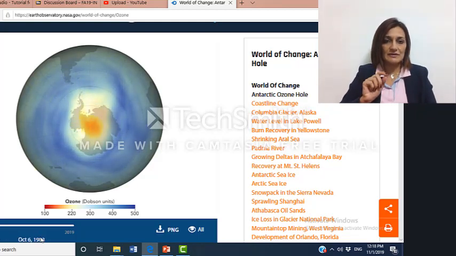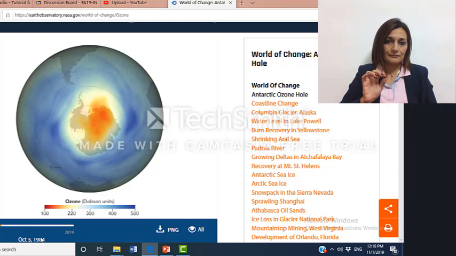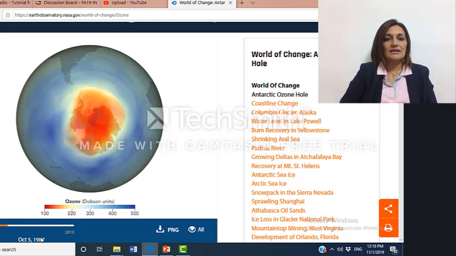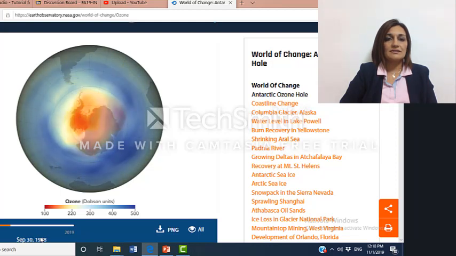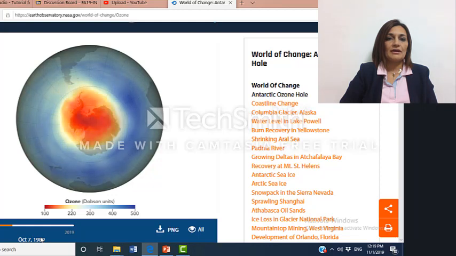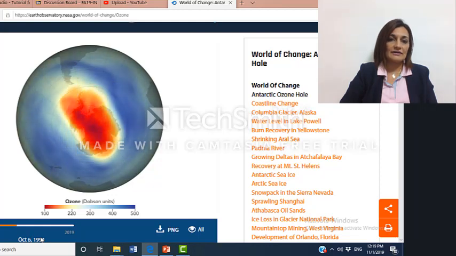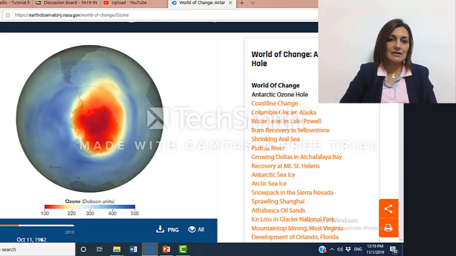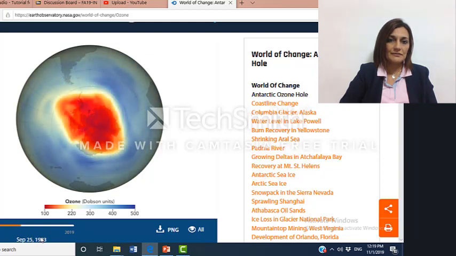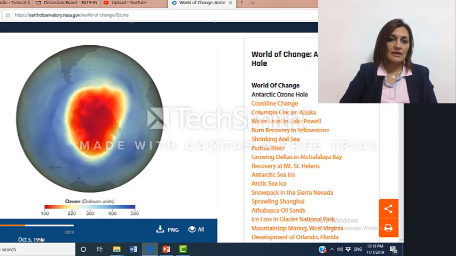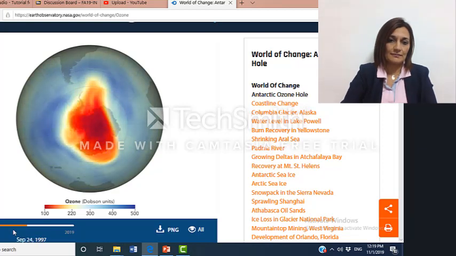In 1982 it was discovered and significantly increased since then. And with the progress of time, we can see that the loss is increasing. Okay, it is varying, however, and it fluctuates in size and location based on the season and based on the annual wind current and clustering of gases.